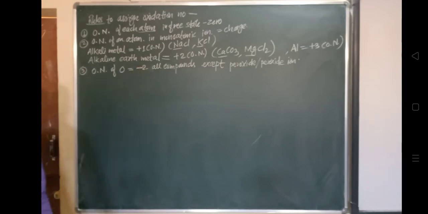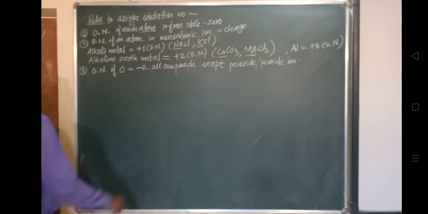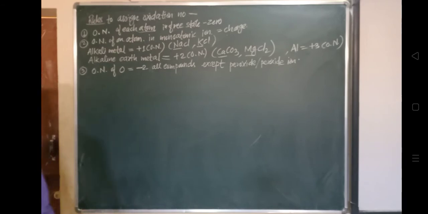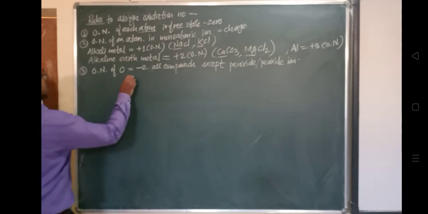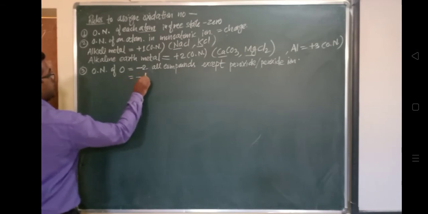So in this way, if two electrons are added into oxygen, it will complete its octet. That's why -2. Then where it has oxidation number of -1: sometimes it is having oxidation state of -1, like in peroxides.